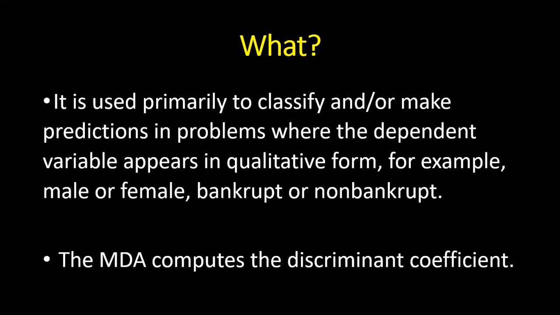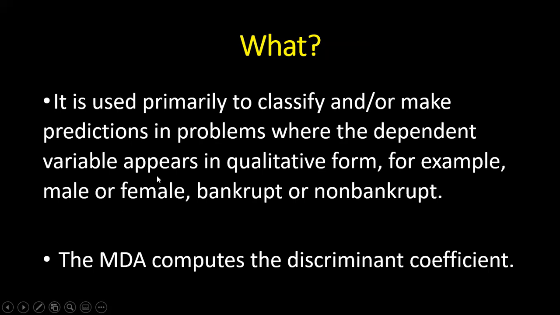In this case, the MDA is primarily used to classify and make predictions in problems where the dependent variable appears in qualitative form, for example, male or female, bankrupt or non-bankrupt firms.